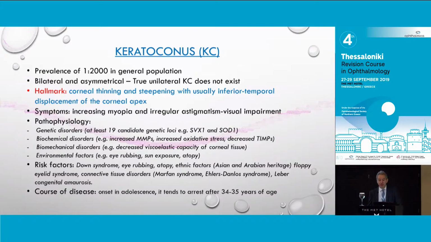And it typically arrests at 34, 35 years of age. By that time, a natural stiffening of the cornea has occurred, but we also see patients in their late 30s with progressive keratoconus, and of course there are patients with a first diagnosis of keratoconus at age 40 and above.